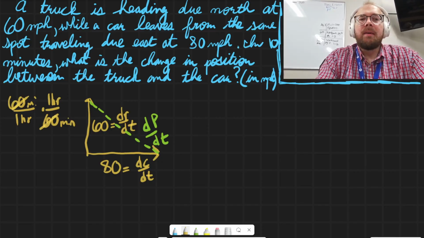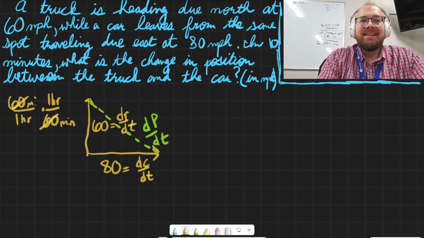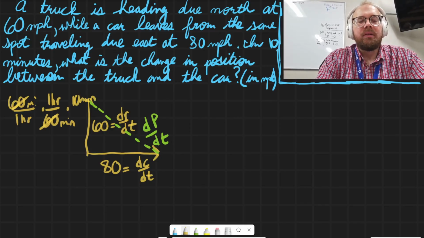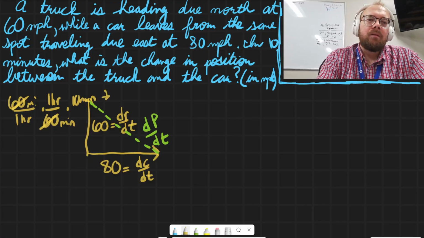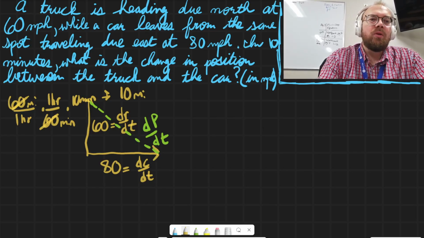So that's a mile a minute. That means in 10 minutes, we'll have traveled 10 miles. So 10 miles is how far the truck is due north.